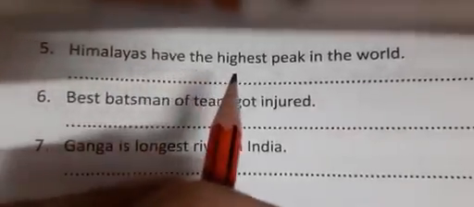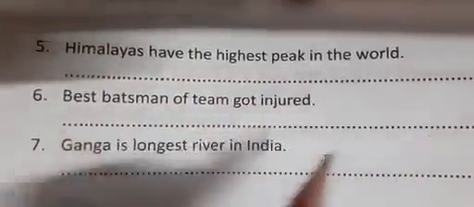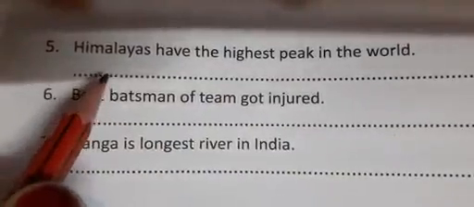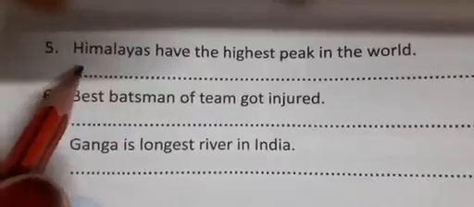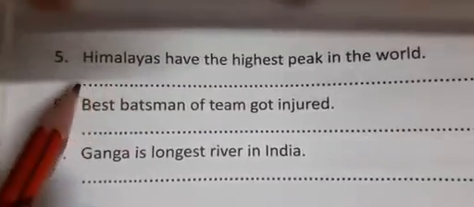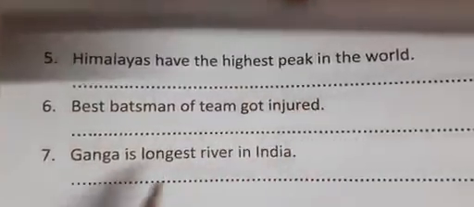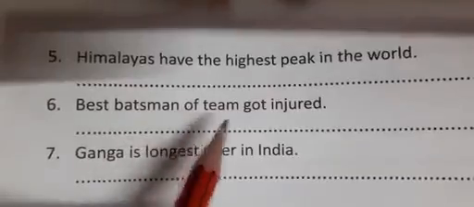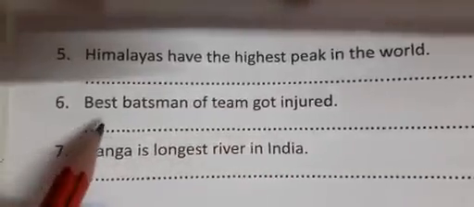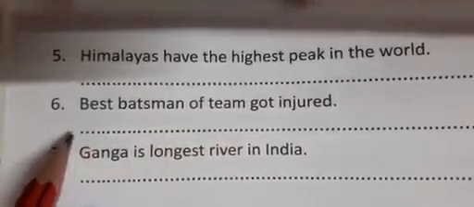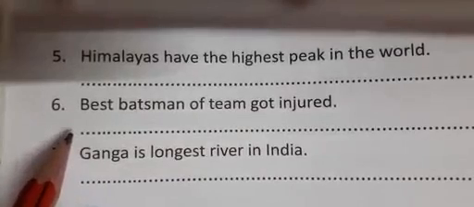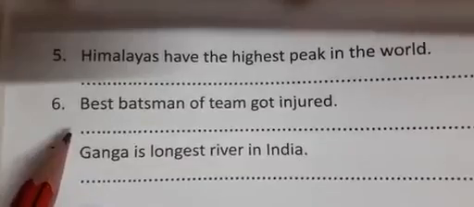Himalayas have the highest peak in the world. Himalayas, name of a famous mountain. That's why we will use the: The Himalayas have the highest peak in the world. Best batsman of team got injured. Best, superlative degree. That's why we will use the before the word best.